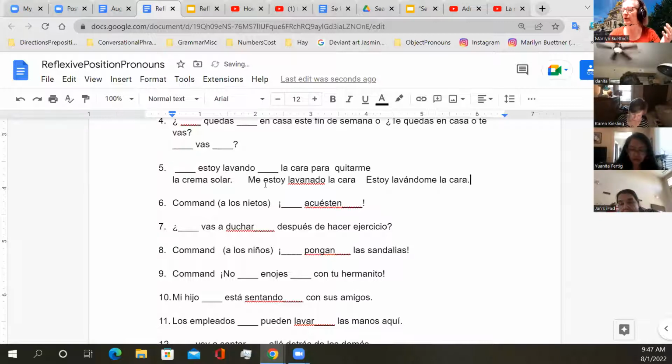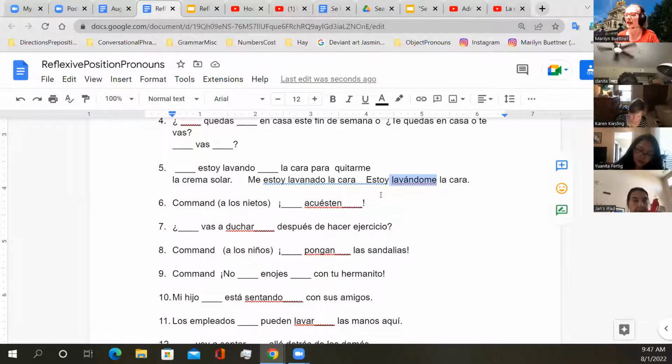Now, don't worry about this accent mark situation at this point. It's a written thing. It doesn't really matter to you speaking. Just know that lavando always sounds like lavando, right? I'm just tagging the me on the end. Lavándome. Okay. Estoy lavándome la cara. Me estoy lavando la cara. Iguales, because I've got the two verbs walking together.